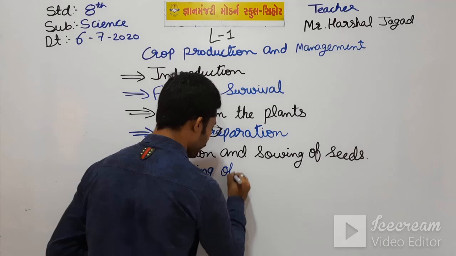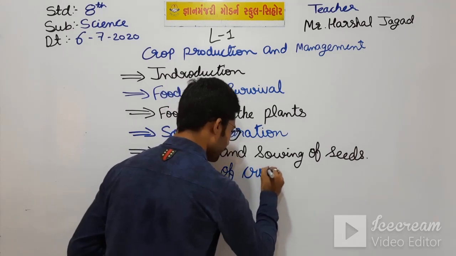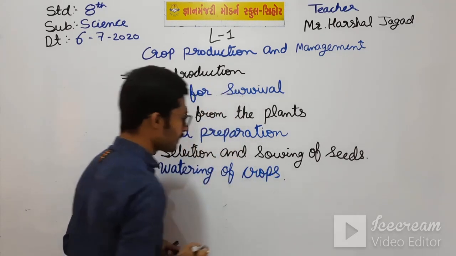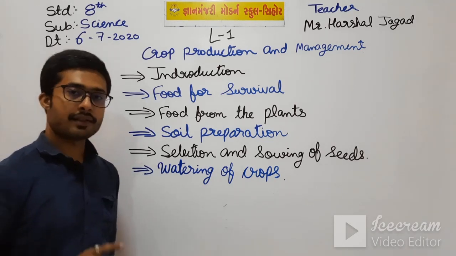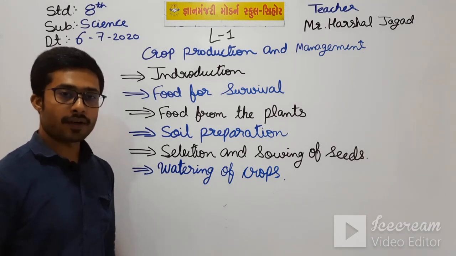Watering of crops. In watering there are two methods, the traditional method and the modern method.